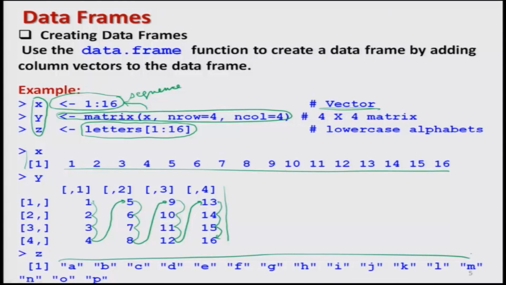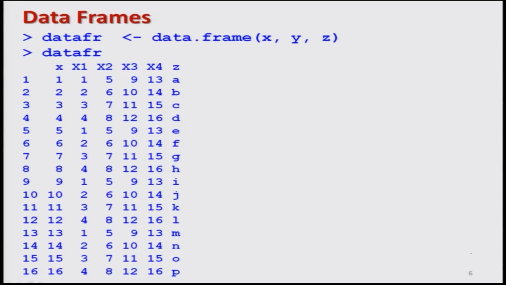Now, the next step is this: I want to combine them, and this is the place where the difference comes. In order to combine them into a data frame, we have to use the command data.frame.